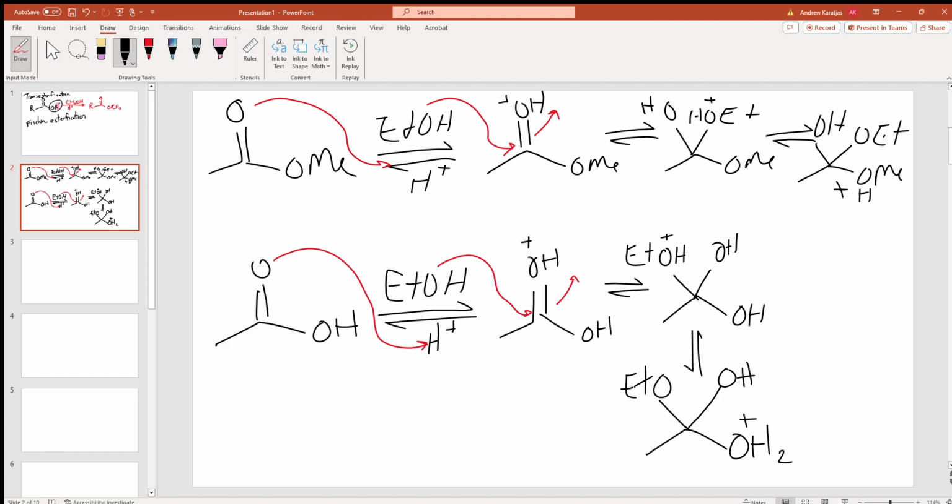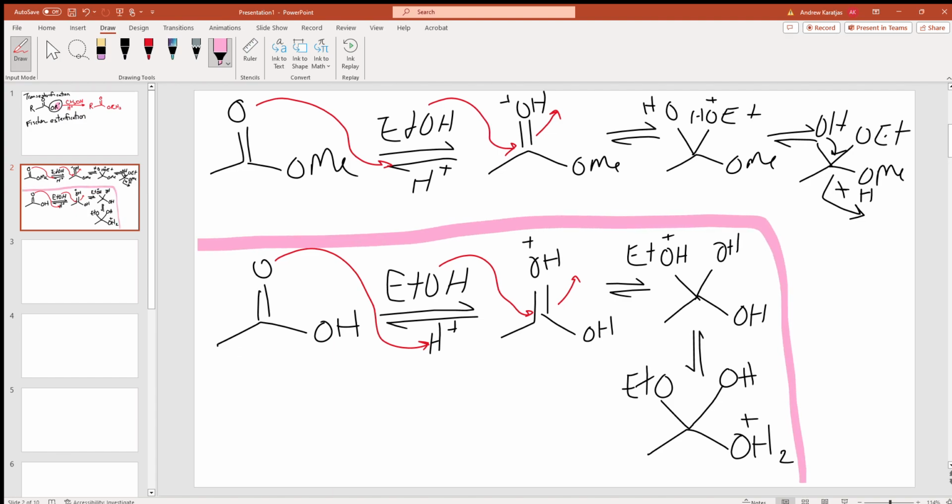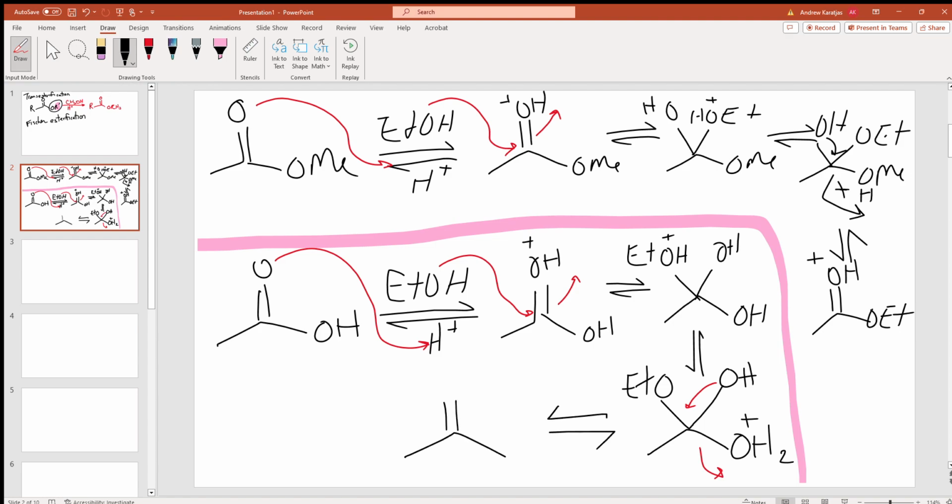From here, our OH group adds its electrons back in, kicks out our leaving group, which in transesterification is going to be an alcohol of some sort, whereas in the Fischer esterification, that leaving group is just water. And that's actually going to leave us with the exact same intermediate for both reactions. It's a product with the protonated carbonyl.